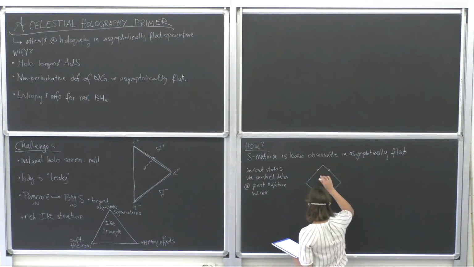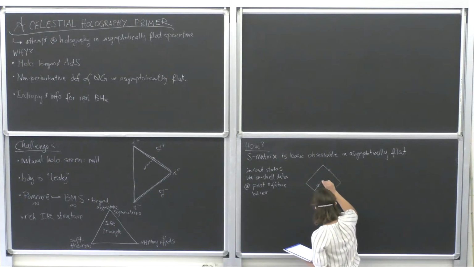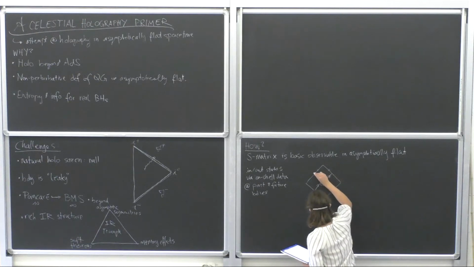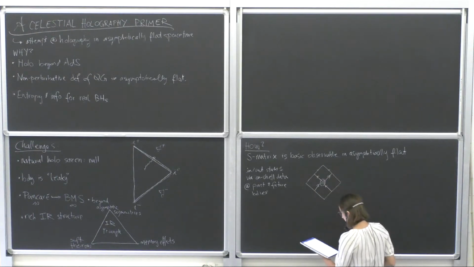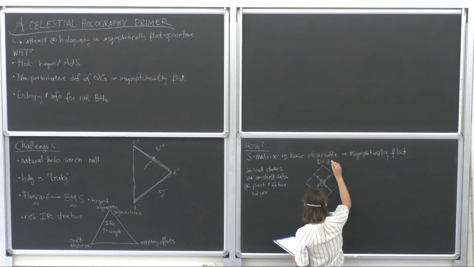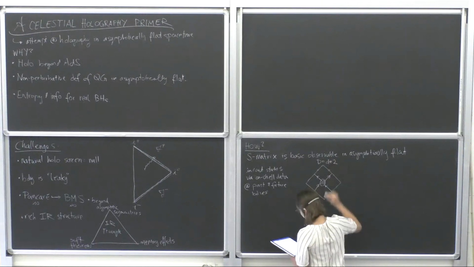So if I have a scattering process here, some particles coming in, scattering, and then moving out, and I'm drawing here the scattering of massless particles for simplicity. And let's say we do this in general capital D space-time dimension, and let me also denote this by little d plus 2.